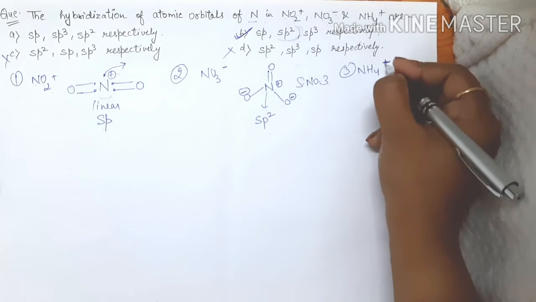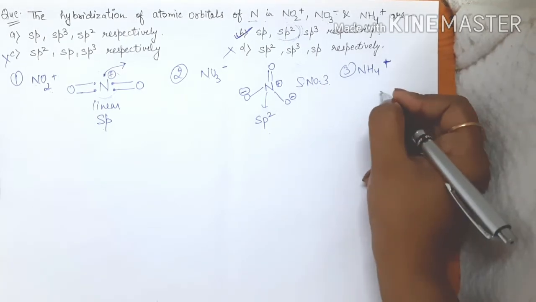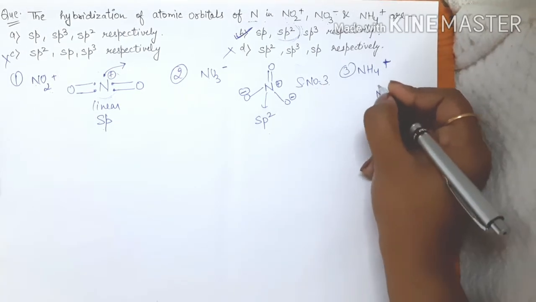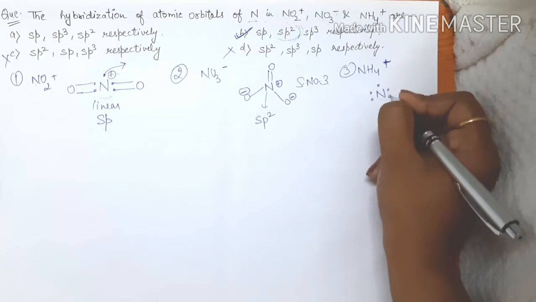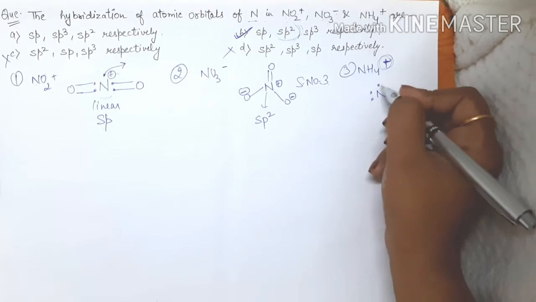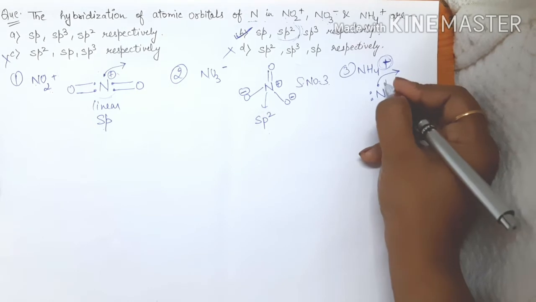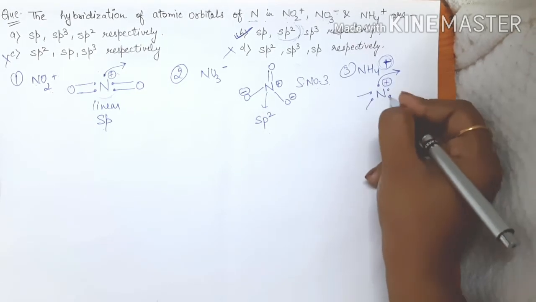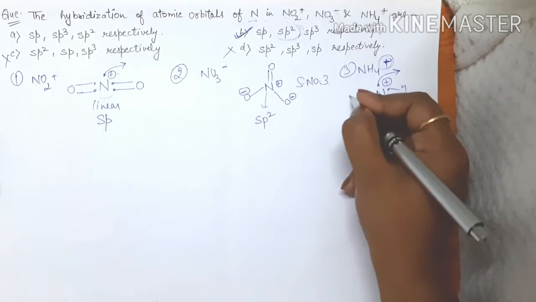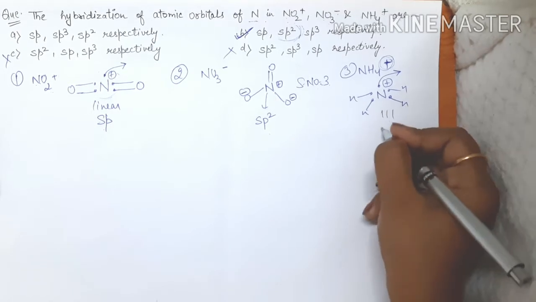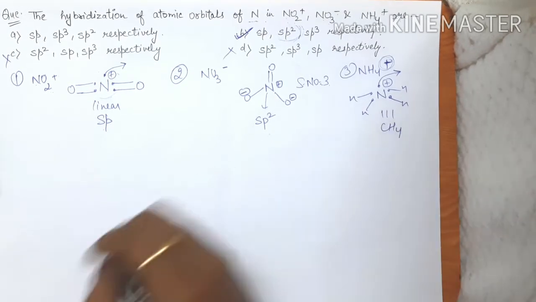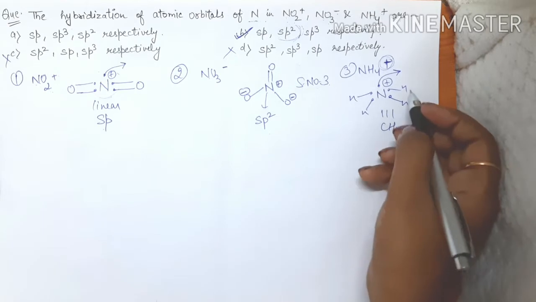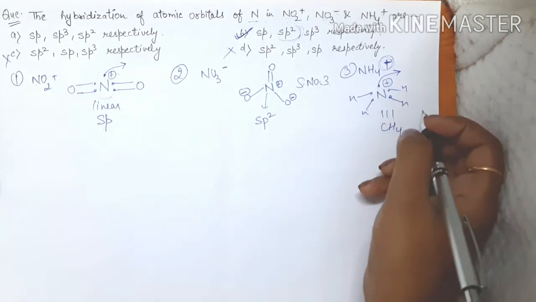NH4 positive will be having nitrogen with 5 electrons. We will introduce positive charge on the nitrogen by removing one electron. 4 hydrogens will be attached like this. This structure is similar to the structure of methane. Just like methane, NH4 positive is there, right?